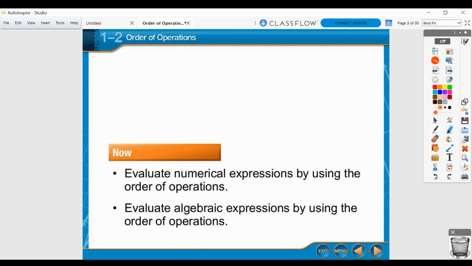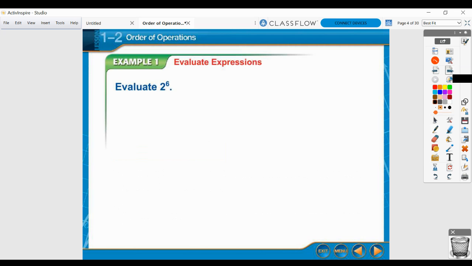Okay, so we are going to just evaluate numerical expressions by using order of operations and then do some algebraic expressions as well. So we want to evaluate 2 to the 6th power. The exponent means that you are taking 2 times 2 times 2 times 2 times 2 times 2.